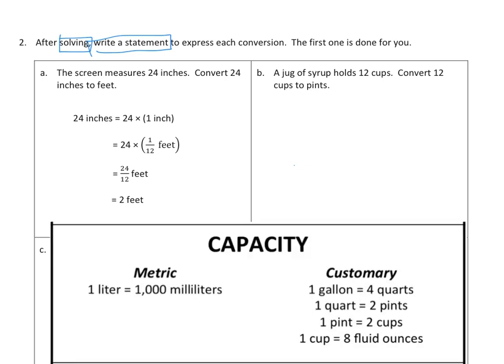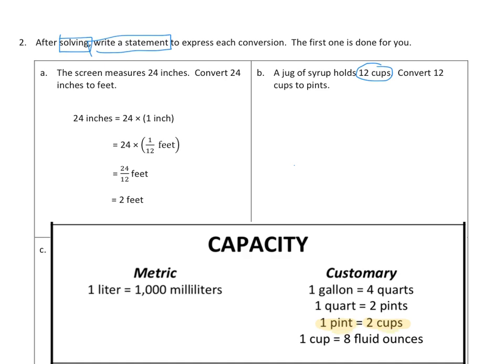All right, so B says a jug of syrup holds 12 cups. They want us to convert 12 cups to pints. So let's look at our conversion chart down here. I see that 1 pint is equal to 2 cups. So a pint is bigger than a cup.